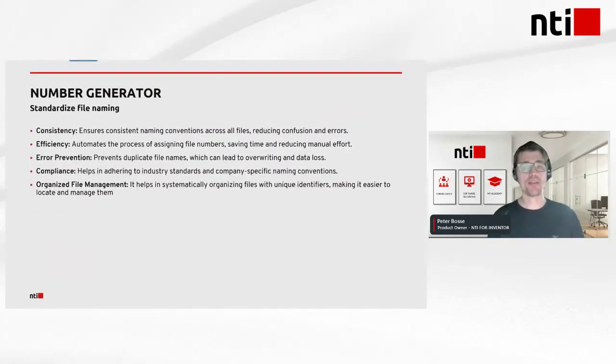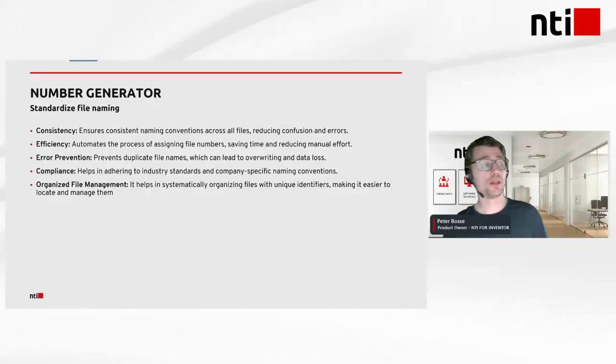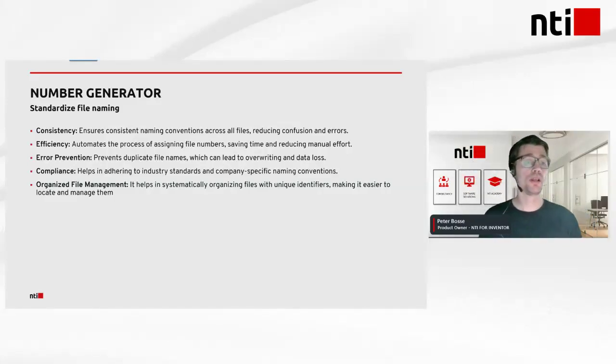Why should I have a number generator? If you have Vault Professional, you have one built into it. But if you don't have Vault Professional, only Basic, or you are using Windows Explorer, then you're in big need of a number generator. That's of course to ensure that you have consistent naming, and to ensure that you won't get any duplicated file names in your assemblies or in your database.